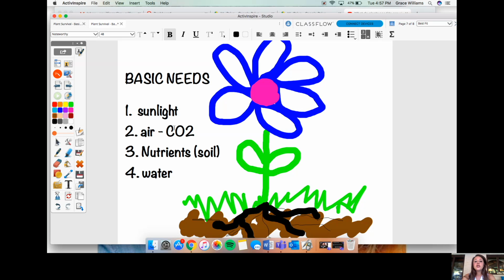We talked about this a little bit earlier, and it goes into the roots, and then it comes up into the stem. And then the nutrients come in through the roots too, and the stem moves them through. So all these things work together to make sugar and oxygen. And the sugar is how a plant survives and makes food. Just like we need food, a plant needs that sugar food.